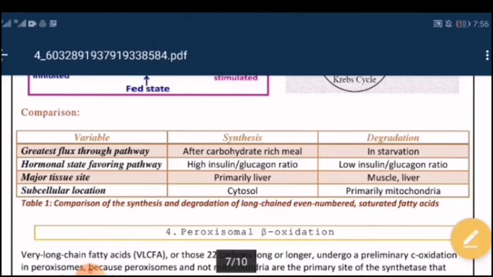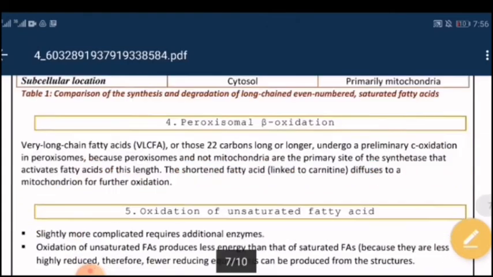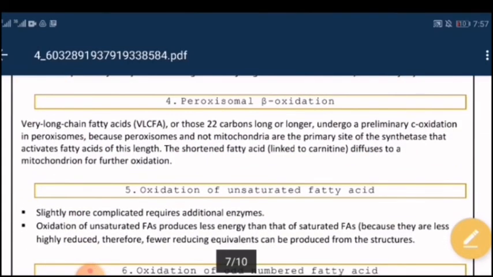This is a table of comparison just to summarize all of the above. For example, beta oxidation. As I said before, beta oxidation occurs for long chain fatty acids. But there's something known as very long chain fatty acids, those of 22 carbons or longer.